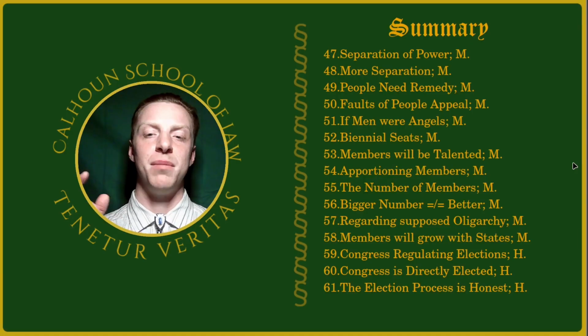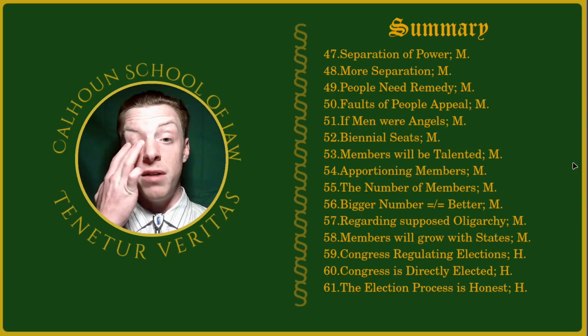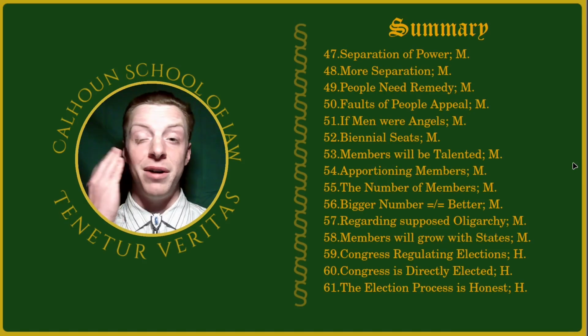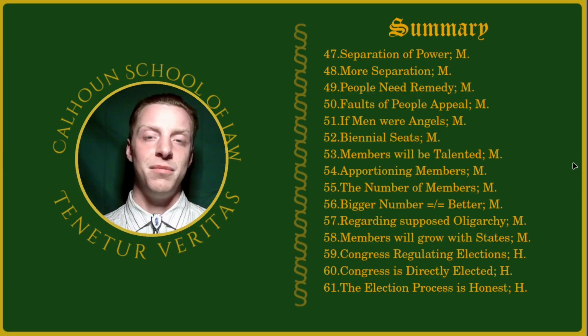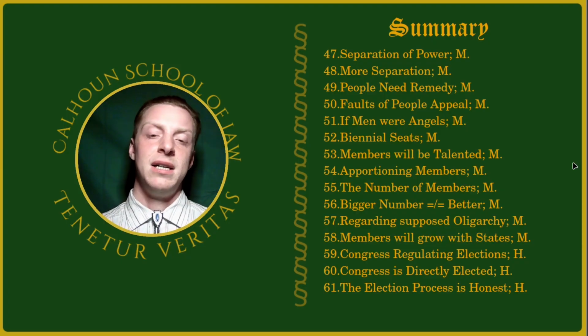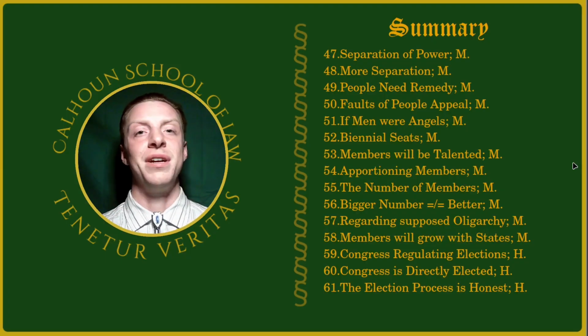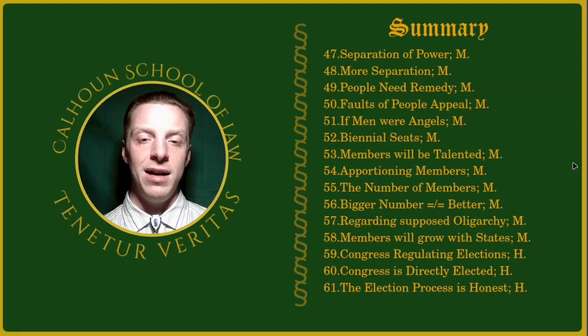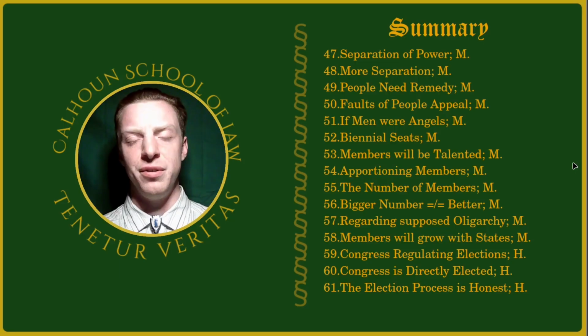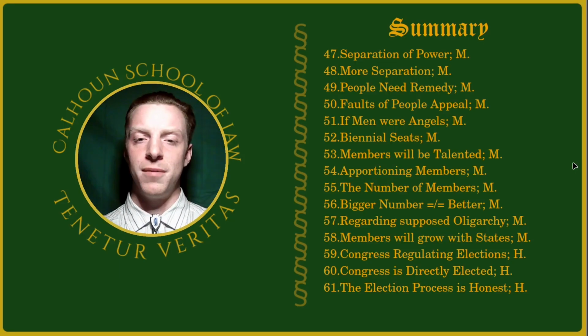Number 54 is apportioning members. That did seem off. So apportioning members, he's talking about congressional seats. He's talking about the census. Please pardon my mistake. Number 55, the number of members, he explains why the apportionment. He's explaining why it was, I think, 32,000 per House member.